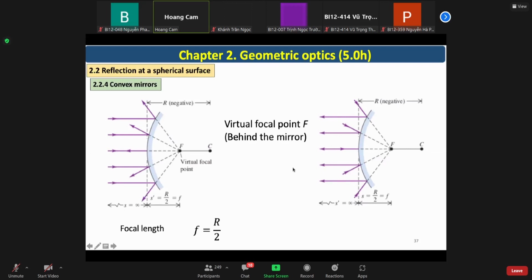So if S equals half of the radius of curvature, or equals the focal length F here, we have the value of the image distance at infinity. We got here S prime equals infinity. And in this case, you have the virtual image.